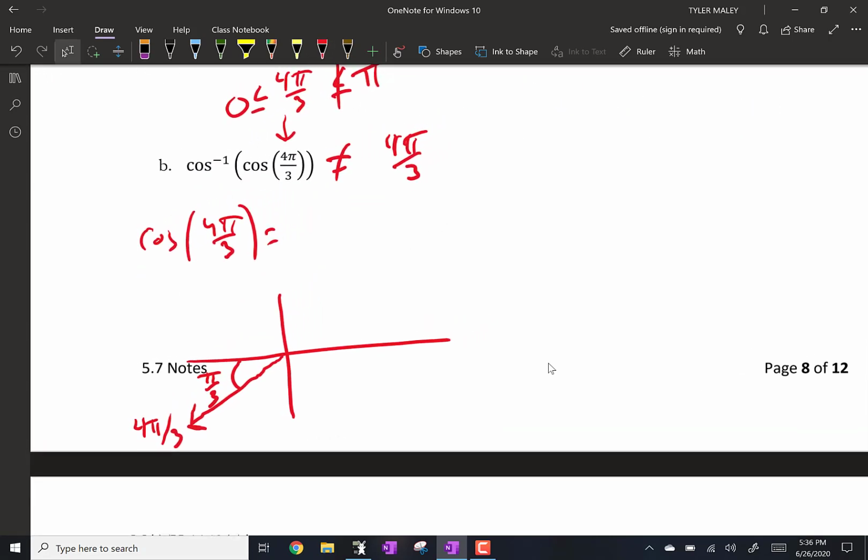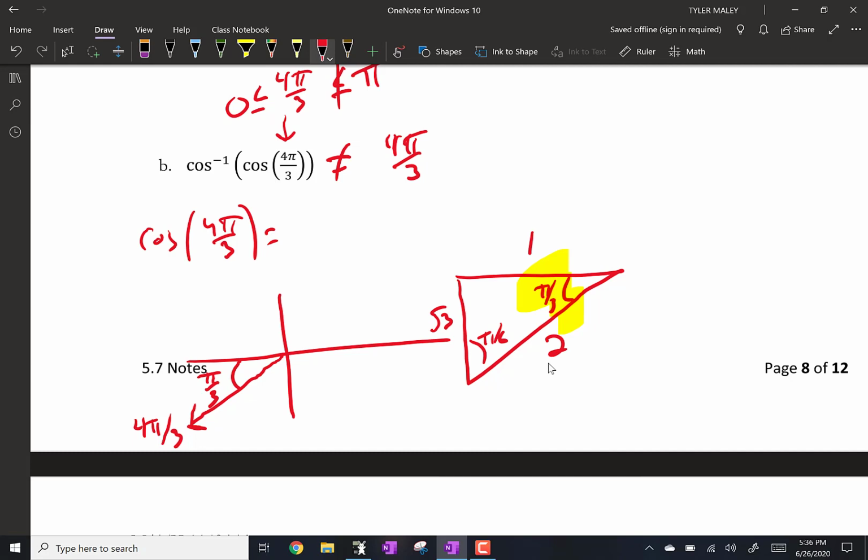So we want to find cosine of 4 pi over 3. I'm going to pull this right triangle out, where this is pi over 3 and this is pi over 6. Focusing on pi over 3, across from pi over 3 would be radical 3, across from pi over 6 would be 1, and the hypotenuse would be 2.